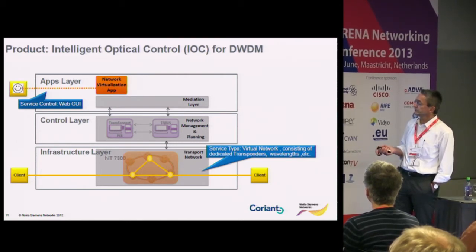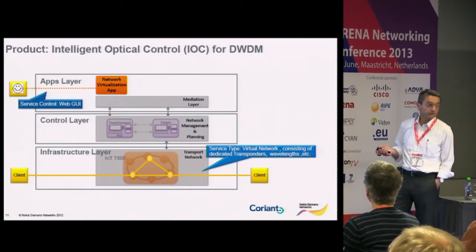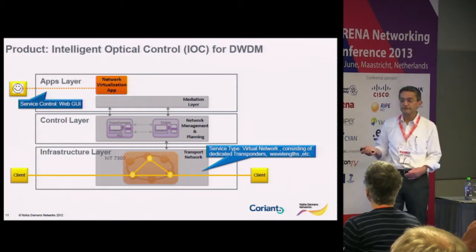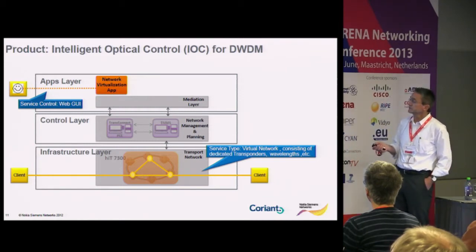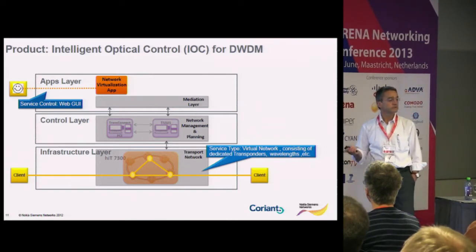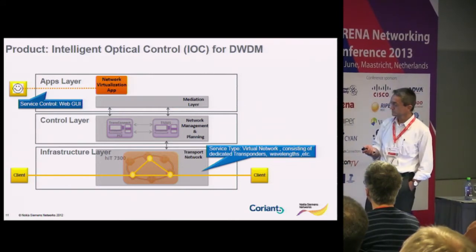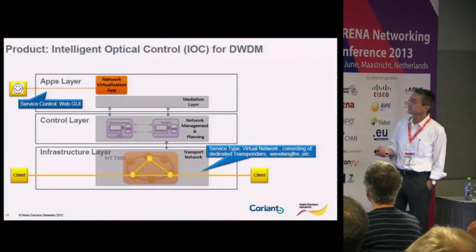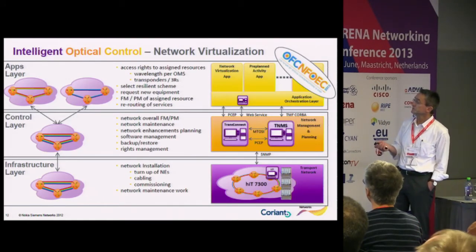The service which would be provided is basically a virtual network on the DWDM layer, so virtual wavelengths, consisting of dedicated transponders, wavelengths, regenerators, and so on. So this is what we did. This is shown here again a little bit more in detail.